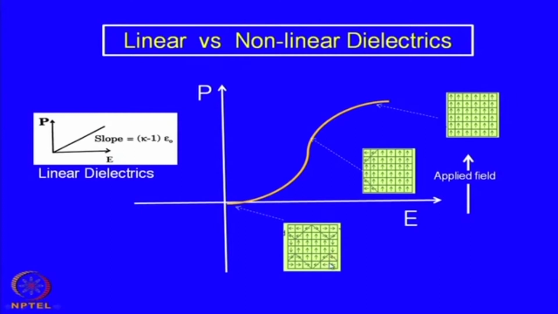On the other side this is also another domain where the dipoles are oriented horizontally towards the left, this is towards the right, and this is again towards down and then left and right.